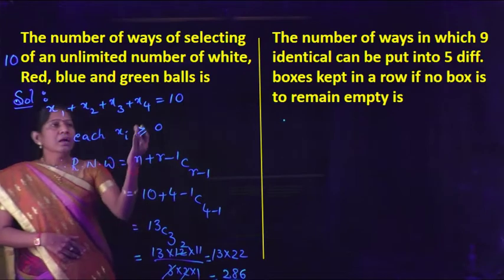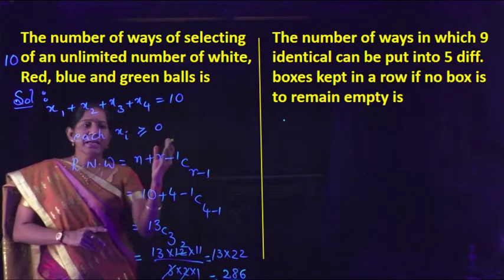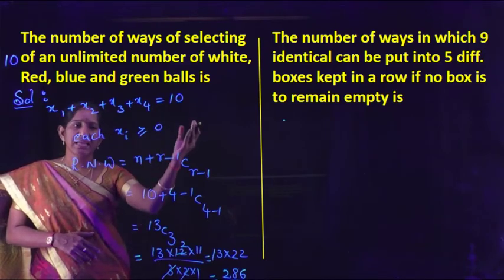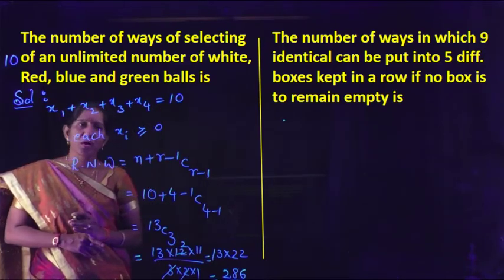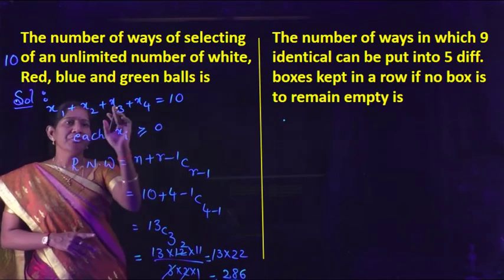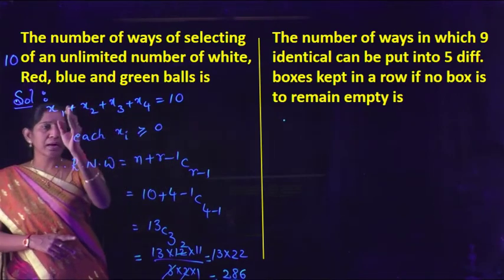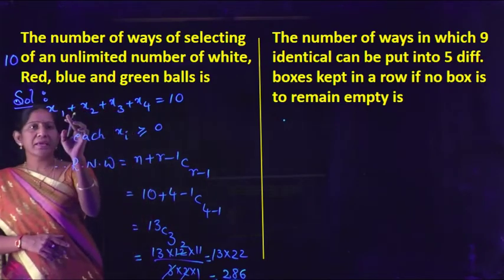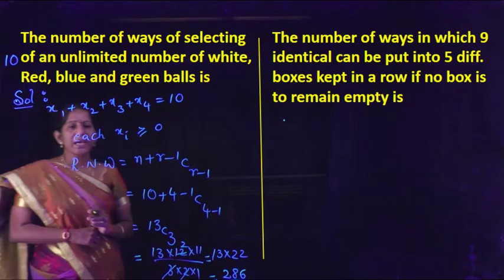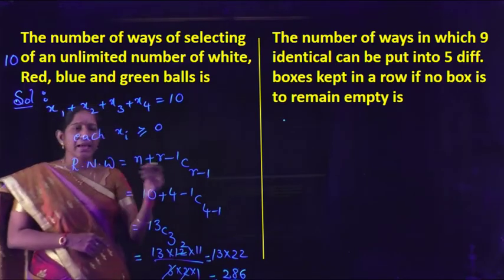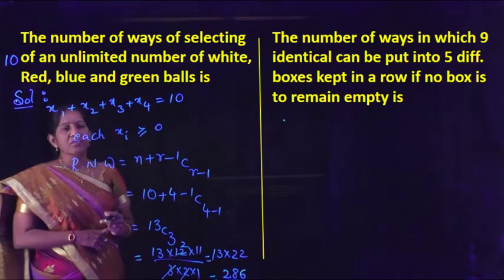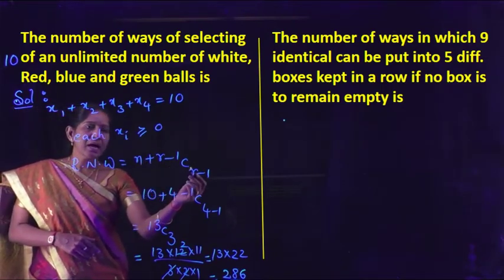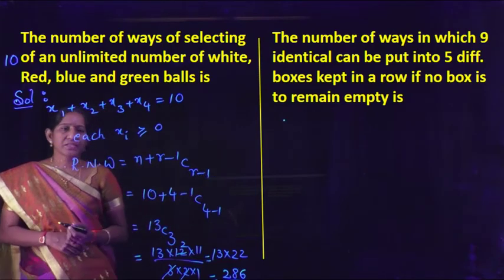So for 10 balls from an unlimited number of white, red, blue and green balls, the 4 groups can be divided like that. That is denoted by x1 plus x2 plus x3 plus x4 is 10, each xi greater than or equal to 0. The required number of ways is n plus r minus 1 c r minus 1.